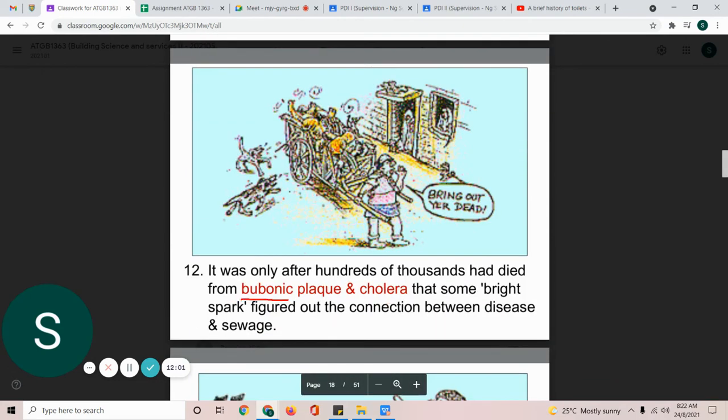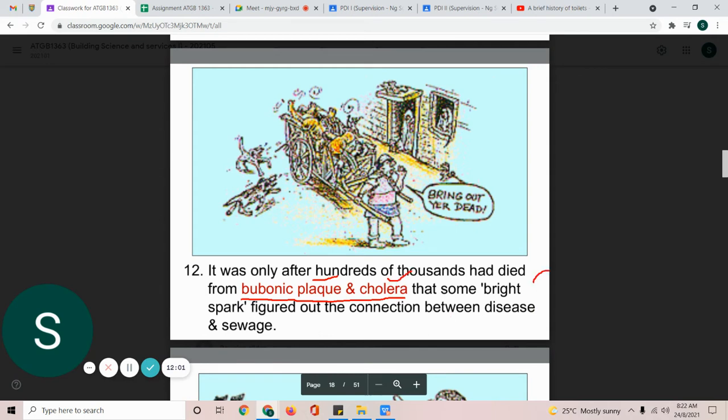And because we don't really understand the problems associated with this sort of sewerage, a lot of people died due to plague and cholera.